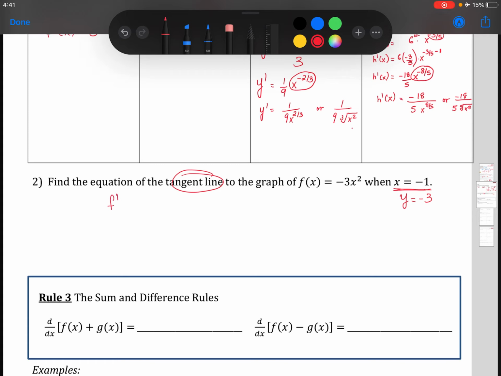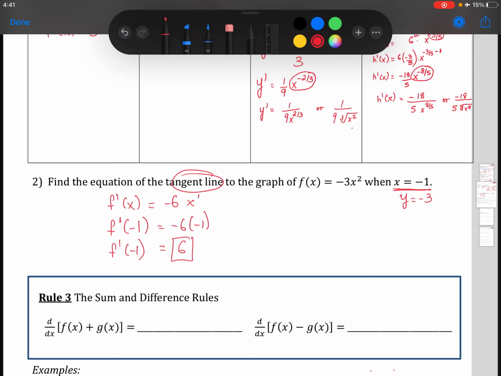So f prime of x would be what? Apply the power rule. Negative 3 times 2 is negative 6 x to the first. So I want to find the derivative at negative 1. So it'll be negative 6 times negative 1, which is just 6. So you know your slope of the tangent line.